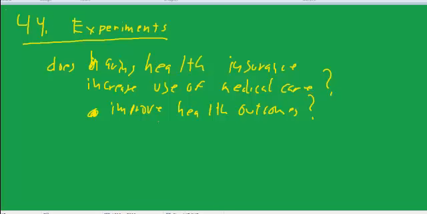So the first approach, where you just go out and find people with and without health insurance, is called an observational study. And the second approach, where you randomly assign some people to get health insurance and others not to, is an experiment.